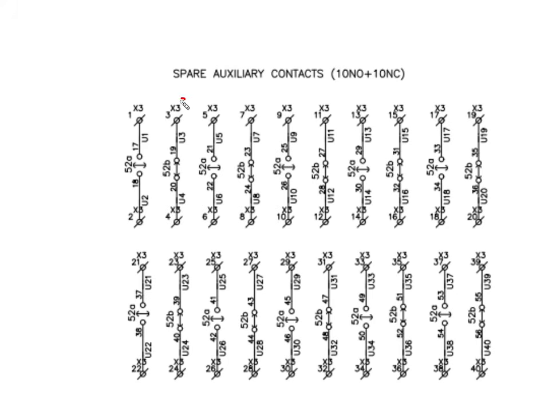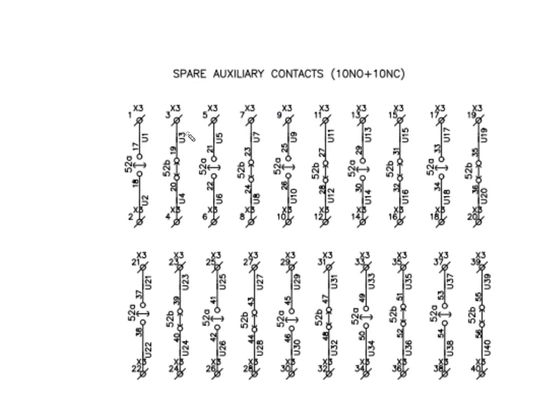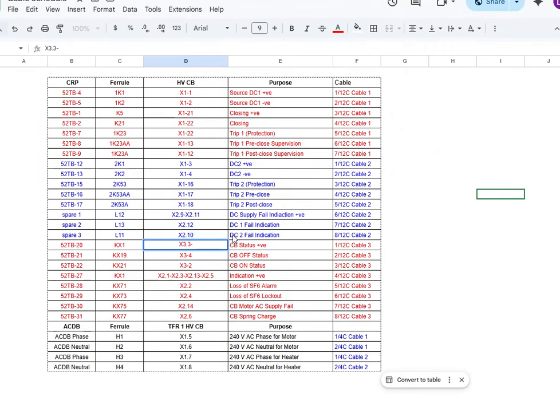So for breaker off we have used this contact, so we'll give DC to this TB first. x3.3 we have already, will use x3.3, and then we will loop it with x3.1.